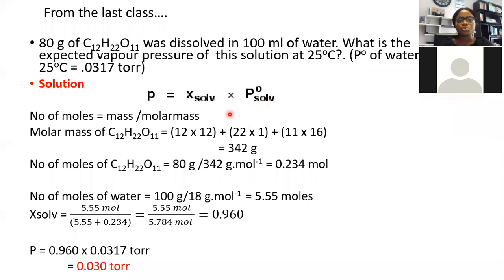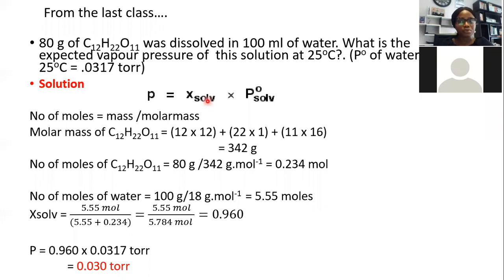Now, for us to do this, what we have been asked to calculate from the question is this P. For us to do this, we need to get the mole ratio. Remember, your mole ratio of the solvent is the number of moles of solvent divided by the total number of moles.